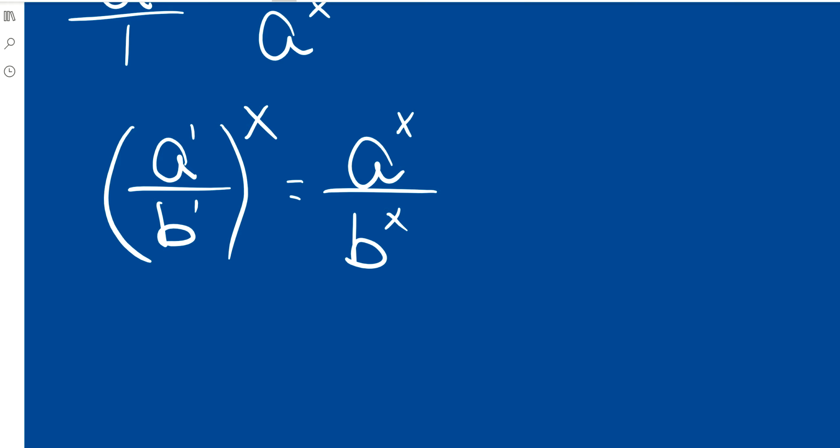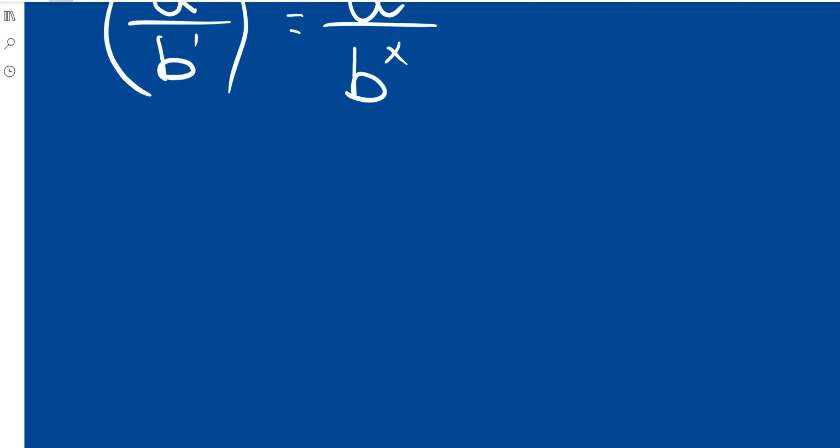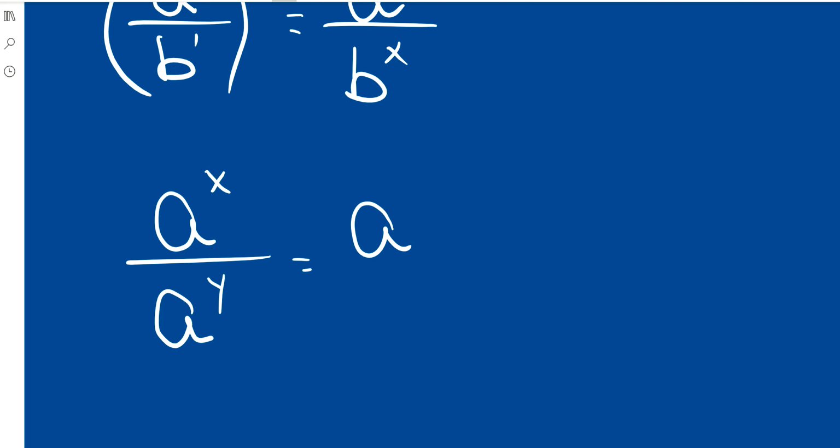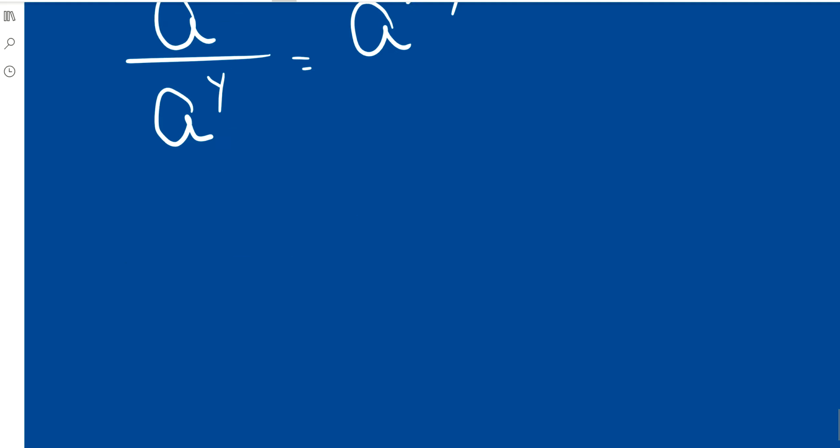Okay, use the quotient rule next, which is a to the x over same base, a to the y. And that could equal a to the x minus y. Remember doing that. Okay, and one more is what we just learned, which is a to the negative x.